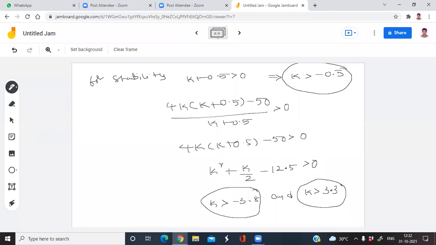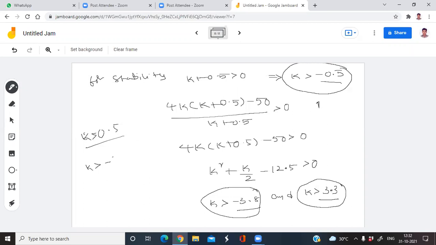Here my point is, k has to satisfy these three conditions: k greater than minus 0.5, k greater than minus 3.8, k greater than 3.3. Whenever k is greater than minus 0.5, it satisfies only this condition, not the other two.